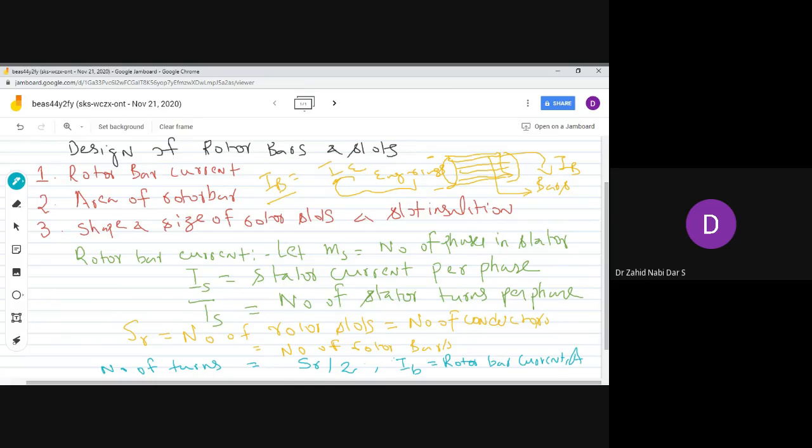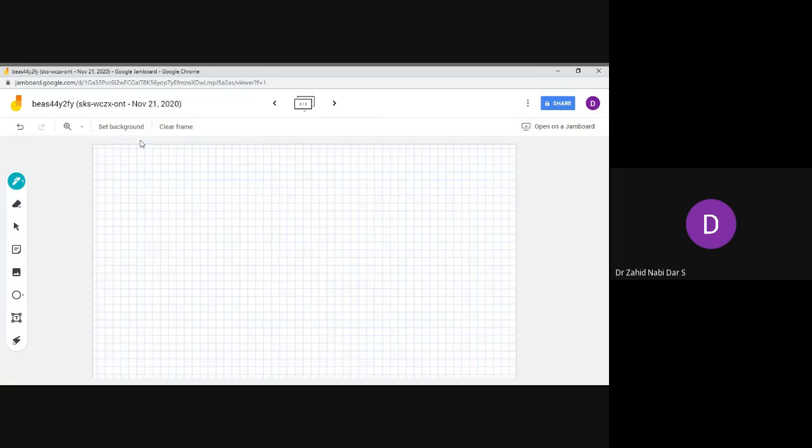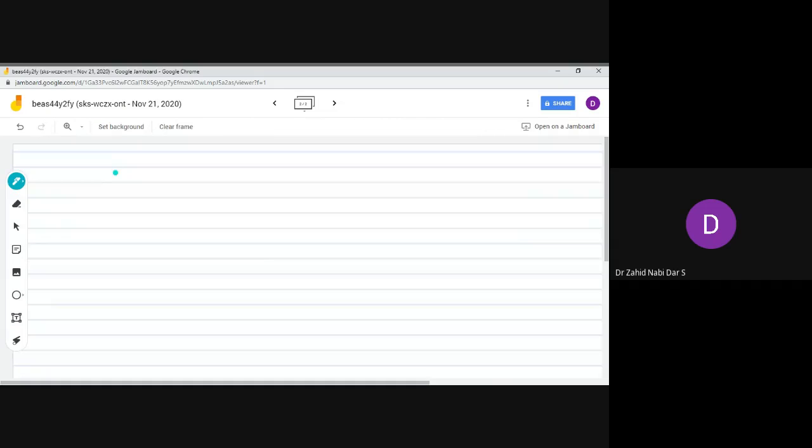Now tell me the stator MMF. The MMF established in the stator, because it's a three-phase stator, would be equal to how much?